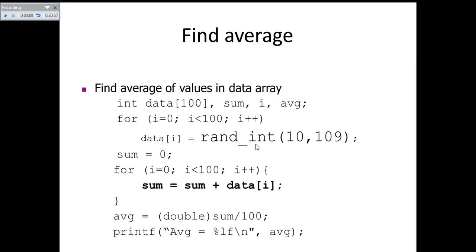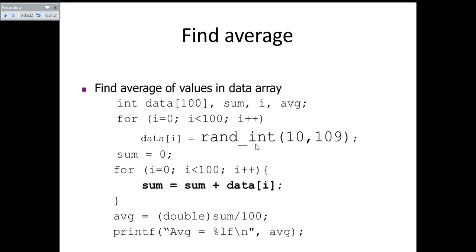Now only one value was fetched from your data array, that is the zeroth location value. Then you have to fetch the next location, so you have to increment your for loop. The for loop variable i will be post incremented, then i will become 1. Now you are going to compare i with 100. In this case i is 1, so 1 is less than 100, again it is true.